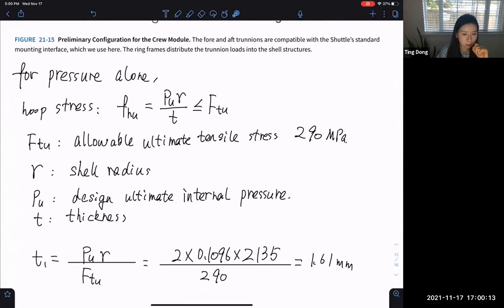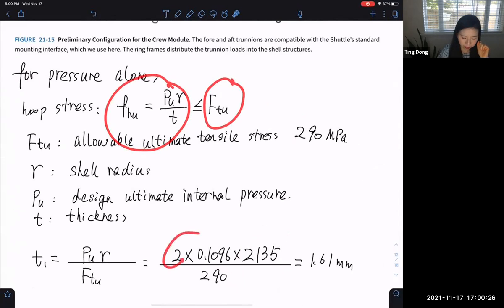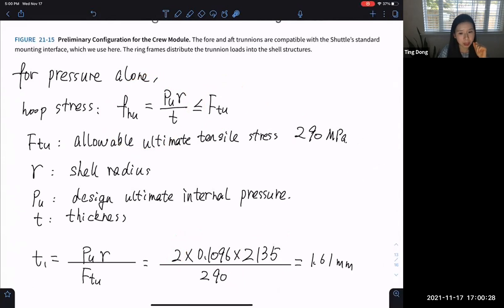So the stress caused by the internal pressure should be smaller than the allowable tensile stress, with safety factor 2. In this calculation, the thickness of the thin wall pressure vessel is 1.61. So we would say that, okay, for this situation, this is the optimized thickness for our structure.